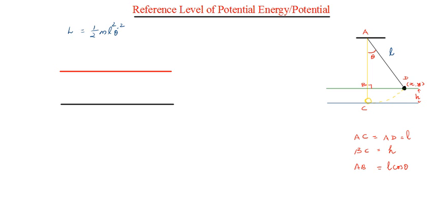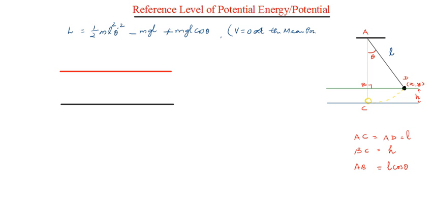So this is nothing but half mv square, where v equal to L omega, minus mgl plus mgl cos theta. This was the Lagrangian that we obtained by choosing V equal to 0, potential energy equal to 0 at the mean position.